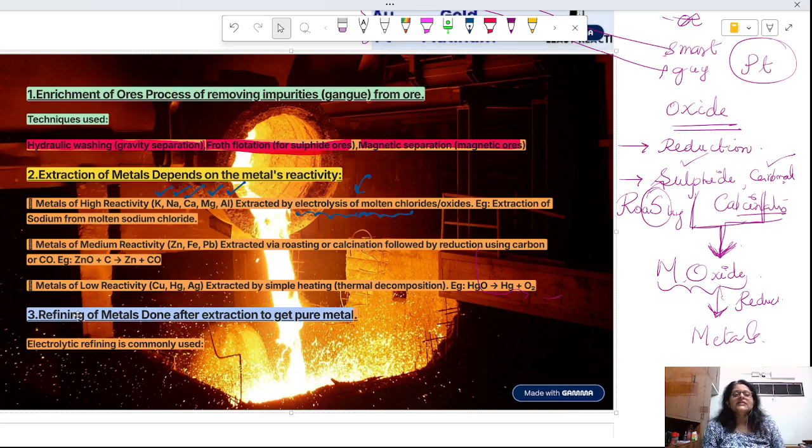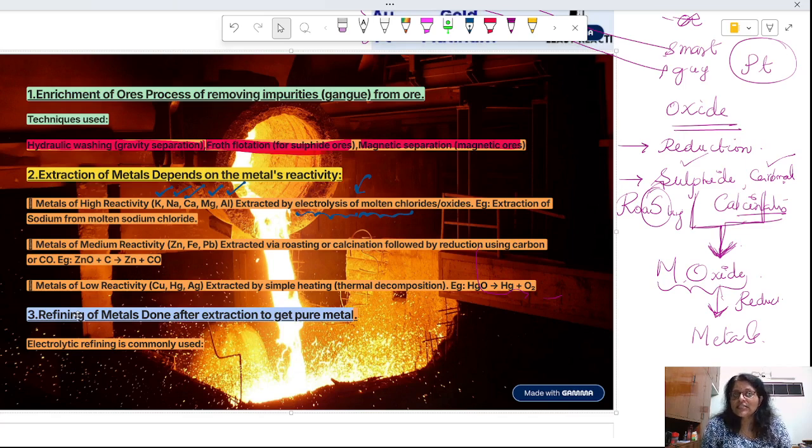These are extracted simply by heating, or we can also say by roasting if it is sulfide. Whatever it is, we need to heat it, and then it will be directly decomposed.